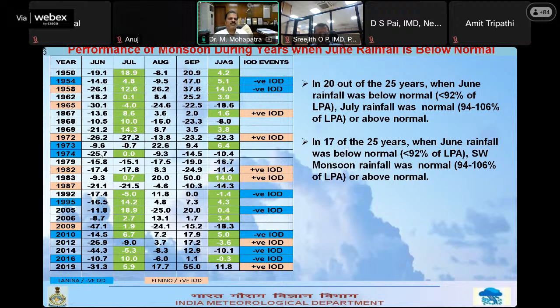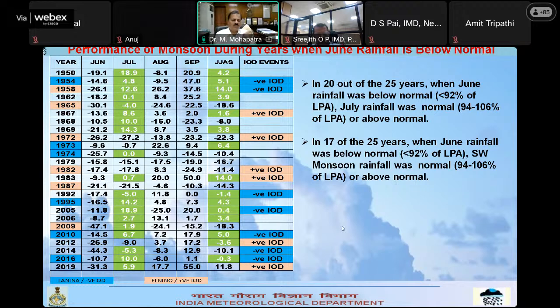The corresponding rainfall in July, August, and September is shown here, as well as the June to September seasonal rainfall. In different colors, blue indicates La Nina or negative IOD, and orange indicates El Nino or positive IOD conditions.